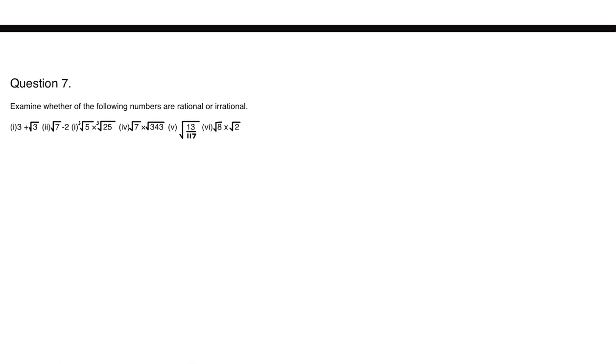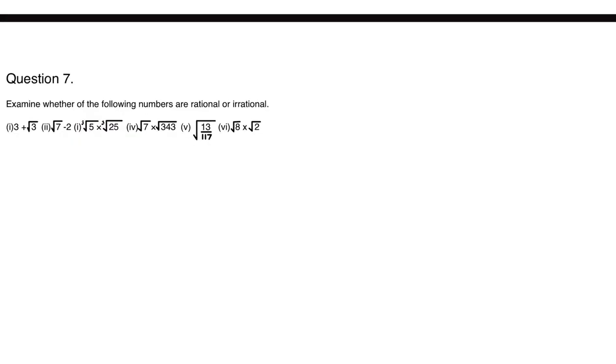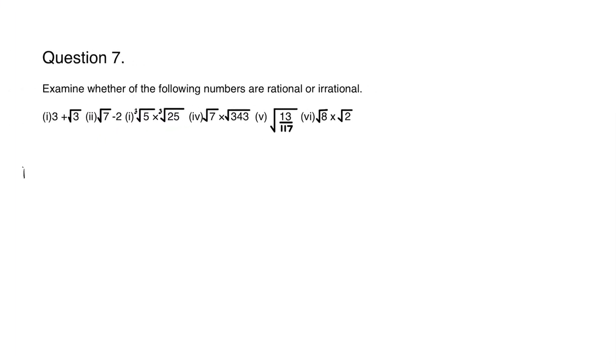Okay, now question number 7, examine whether each of the following is a rational number or an irrational number. So now check the first question, 3 plus root 3. Okay, so check whether this is a rational number or an irrational number. So for this we will assume that this is a rational number.